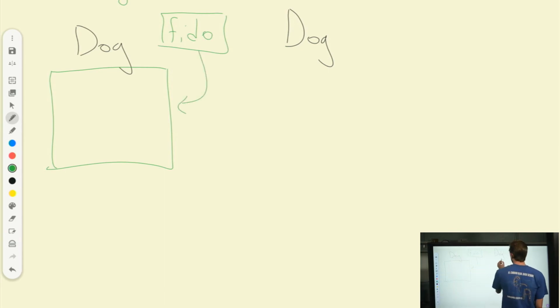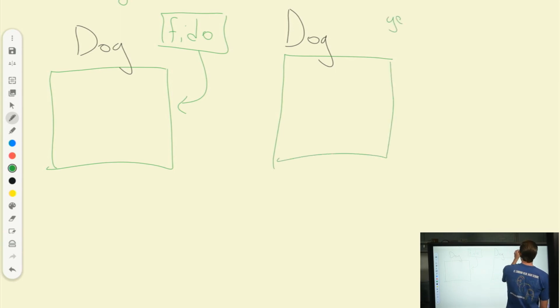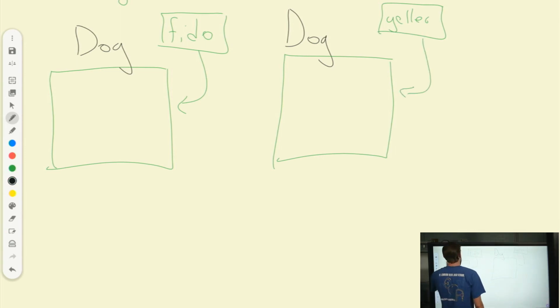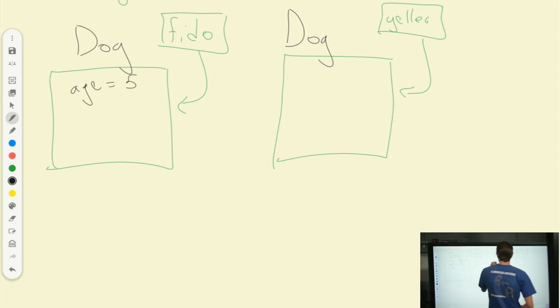And the other one is going to be Yeller. That is a memory reference that points to this object. This dog object is going to have age with a lowercase a, age equals 5, and this one is going to have age equal to 7.